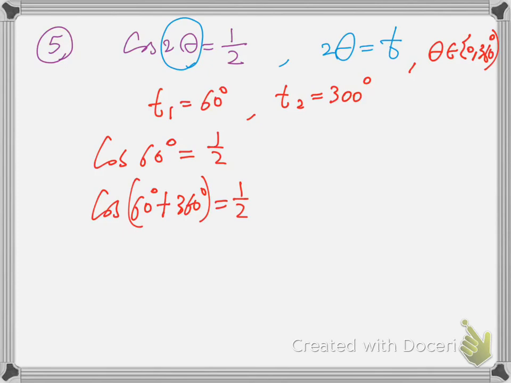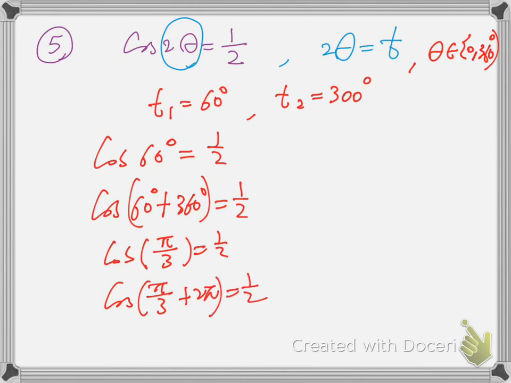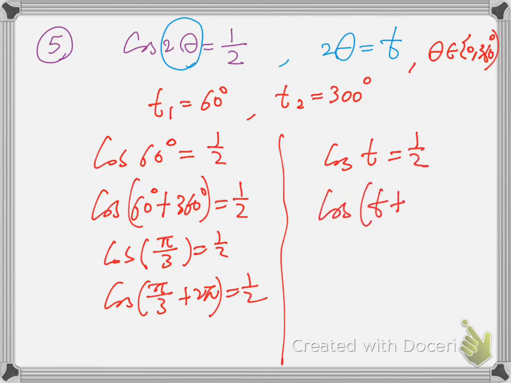If you use radian measure, cosine of pi over 3 is 1 over 2, and cosine of pi over 3 plus 2 pi is also 1 over 2. So what's the general idea? If cosine t is 1 over 2, then cosine of t plus 2 times n times pi is also 1 over 2, because they have the same terminal side.